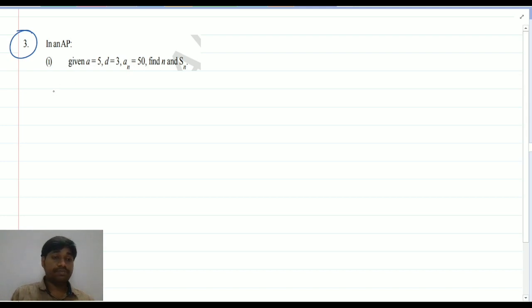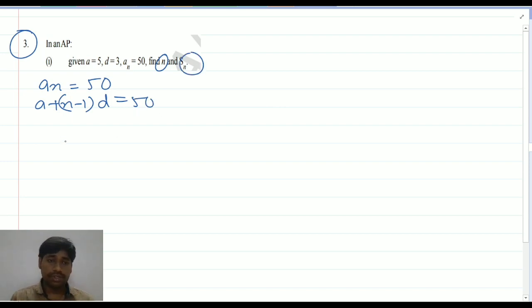Okay, then a is given, d is given, and the nth term is given. We have to find n, the number of terms. As we know the nth term, we can say a plus (n minus 1) into d is equal to 50. Then Sn, the same model as the previous question. So 5 plus (n minus 1), common difference is 3, is equal to 50.